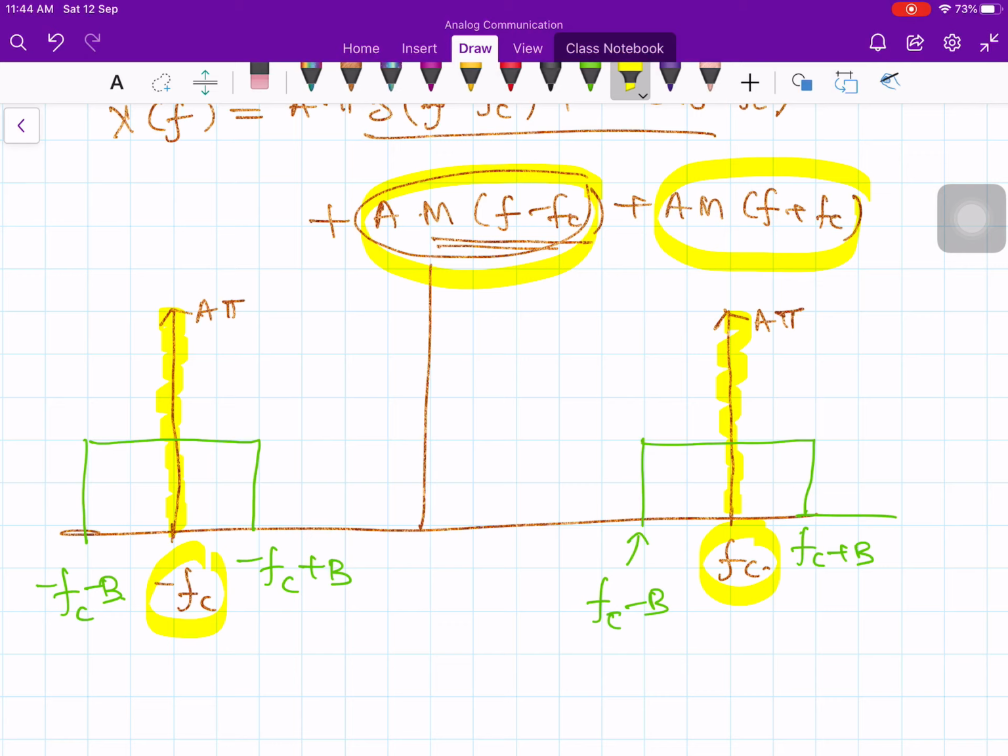Now you can ask a question, why do we call the earlier kind of signal DSBSC? Basically this is the difference: no carrier component.